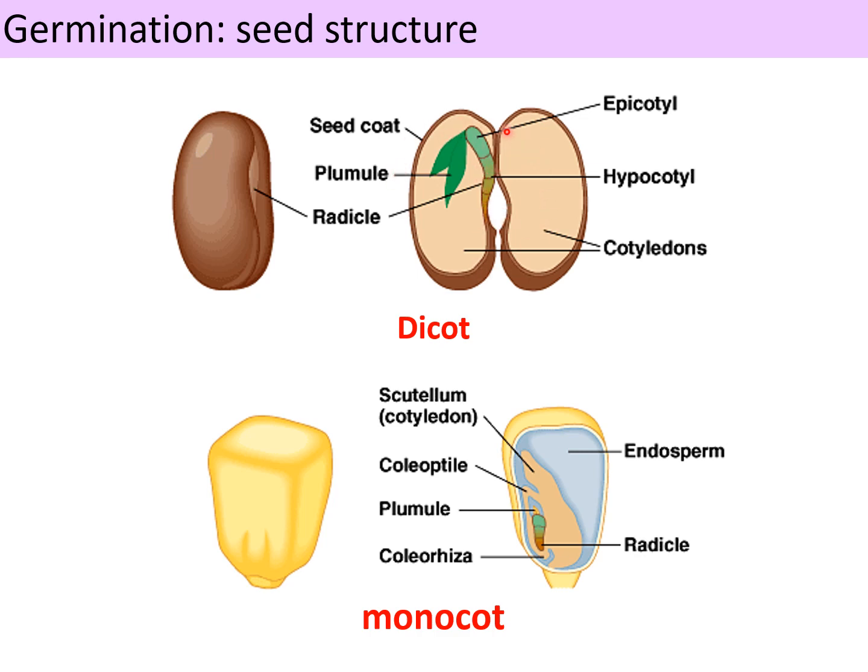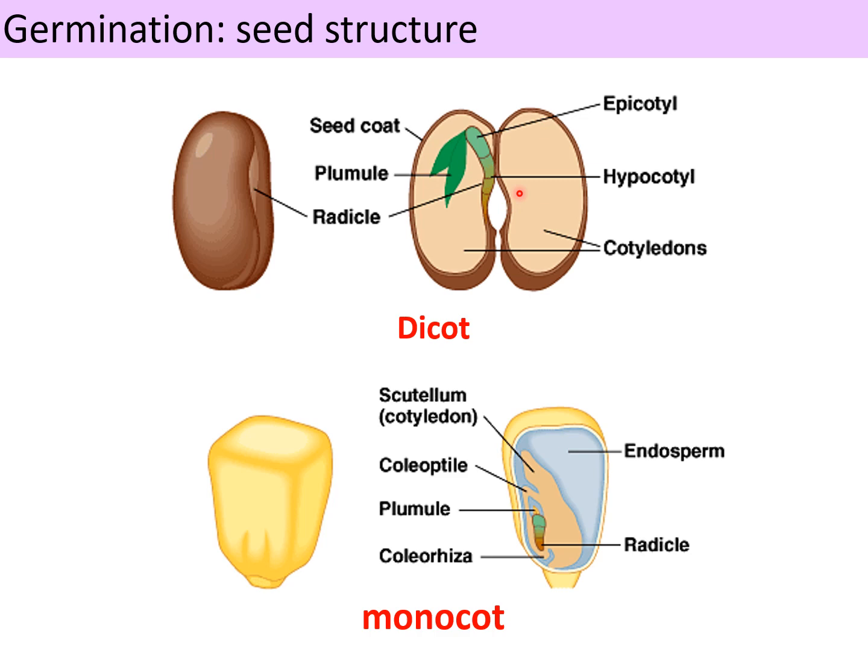In the dicot plant, there are two cotyledons here. The embryo is composed of the radicle, which is the first root, and the plumule, which is the shoot.